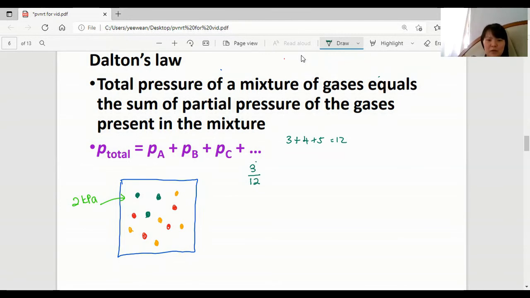So I have the moles of the green one over the total moles, times 2 kilopascals. That would be equal to the partial pressure exerted by the green particles. That would be a quarter of 2 kilopascals, so 0.5 kilopascals.